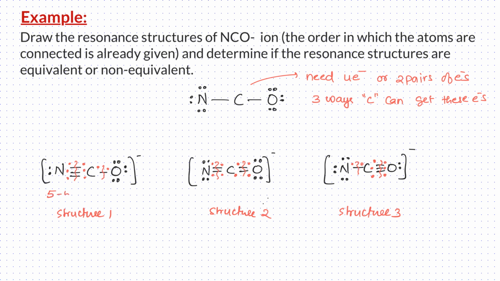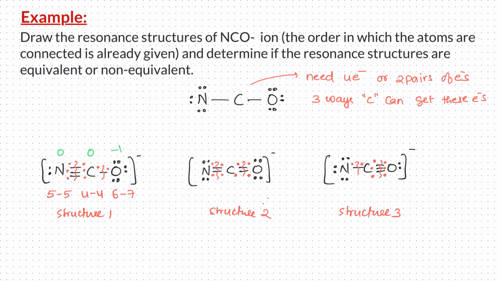So the formal charge is 5 minus 5, that is 0. Carbon has 4 valence electrons in its free state and 4 dots around it in this molecule. So 4 minus 4 is equal to 0. For oxygen, it is 6 minus 7, that would be -1.